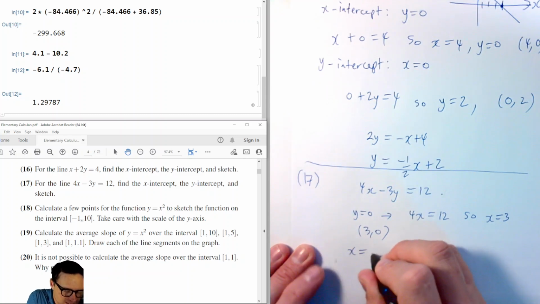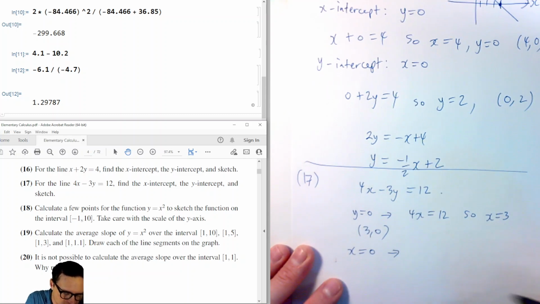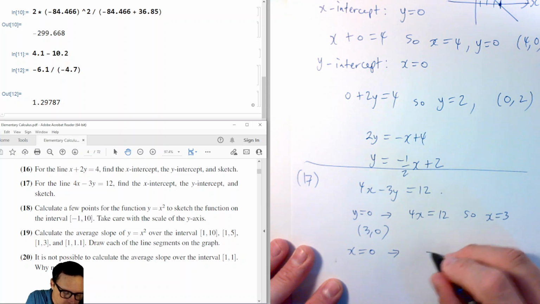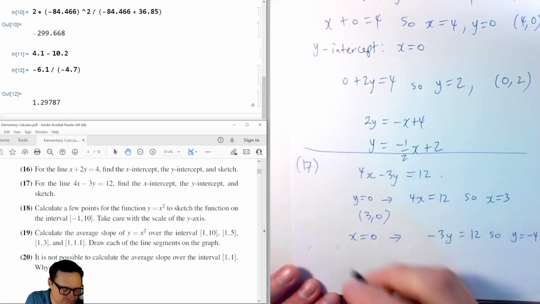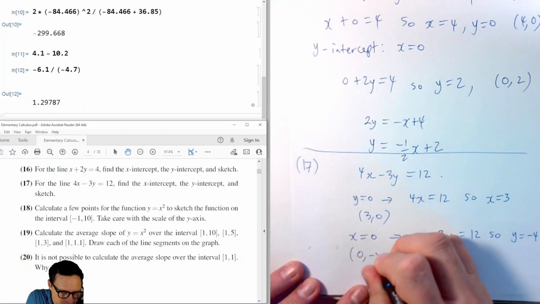Okay, now if x is 0, then what we have is minus 3y is 12, and so dividing both sides by minus 3 gives us y is equal to minus 4. So that gives us the point (0, -4).